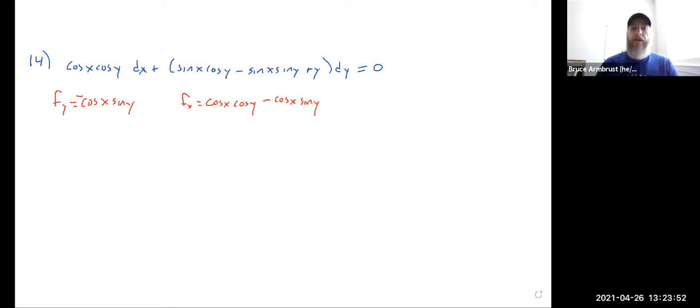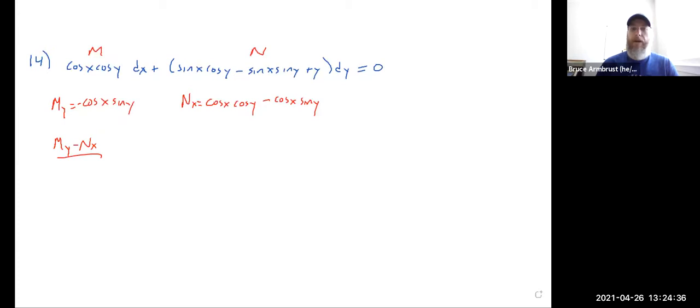Okay, so, sorry, I lost my window here. So let me, we call that guy M, this one N. Let me just redo those real quick. So this was M_y equals minus cosine of x sine y, and this is N_x. So if we look at the difference of them, we're going to want to do one of two forms, right? We're either going to want to do M_y minus N_x divided by which one?